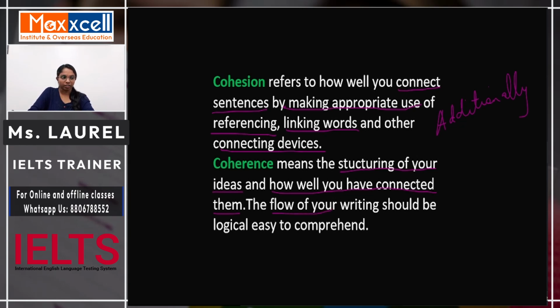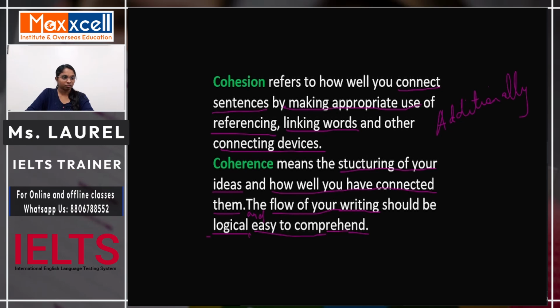The flow of your writing should be logical and easy to comprehend. So make sure when someone is reading, how well you write will decide whether they can understand your point. Make sure you're writing your points in a very good manner. You have to make sure your reader is understanding all the points that you have made.